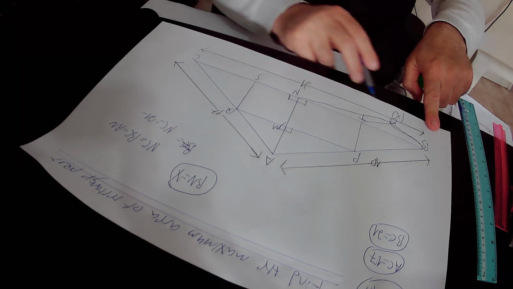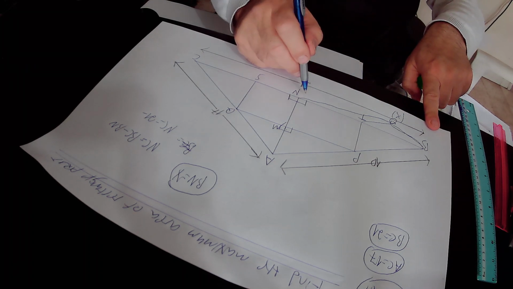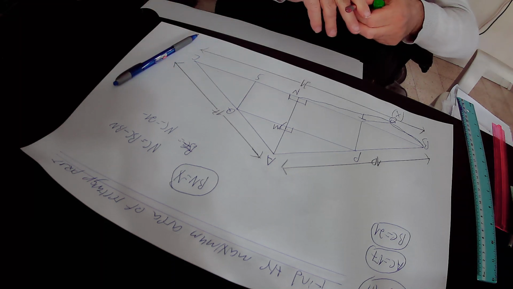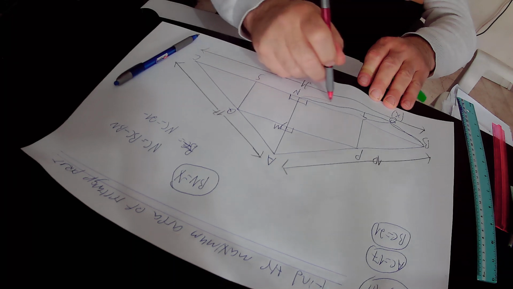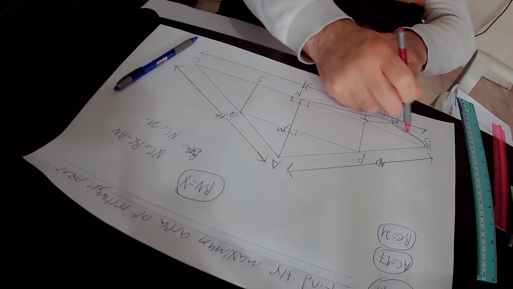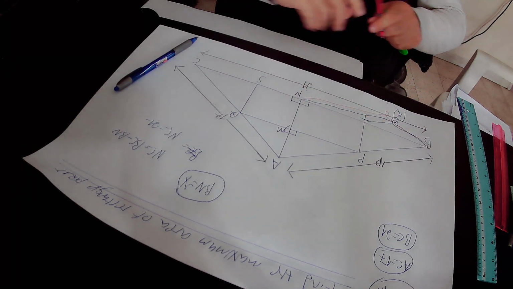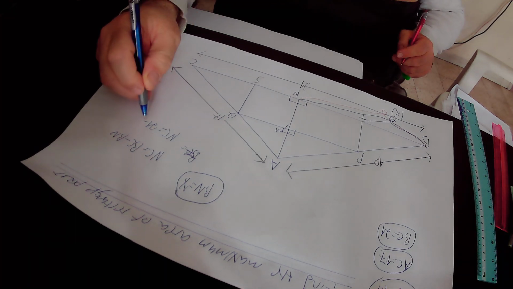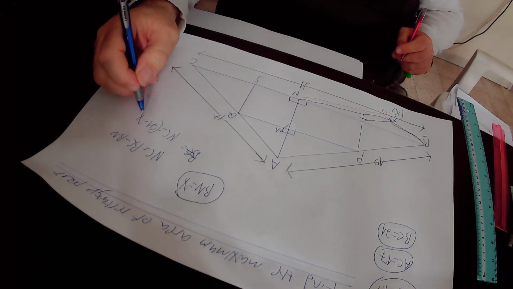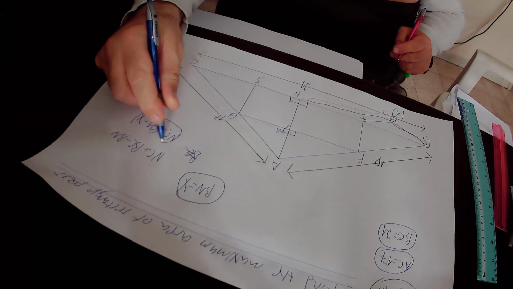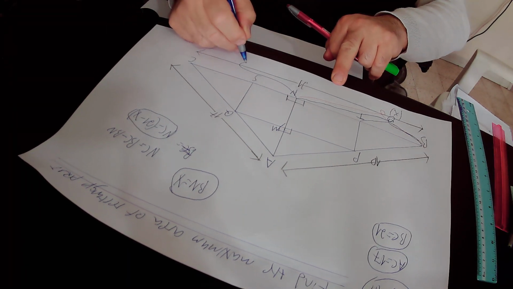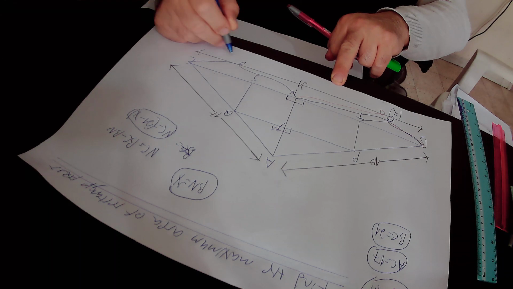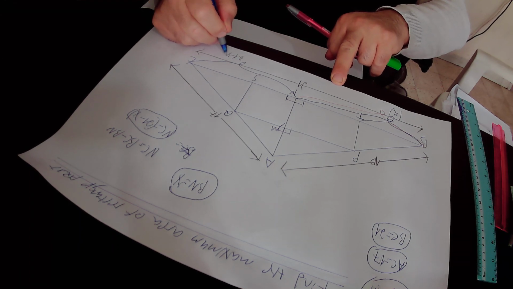BN equals x according to our definition. So in total, NC equals 21 minus x.